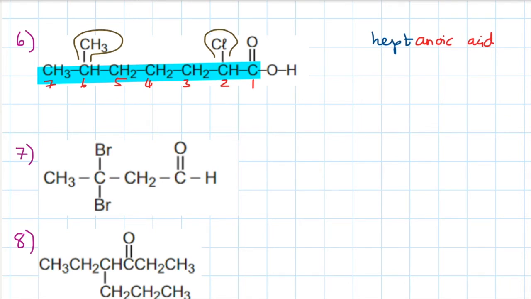We always name substituents in alphabetical order, so we're going to start off with chloro because C comes before M. And so the name is 2-chloro-6-methylheptanoic acid. Please always remember that your functional group is more important than the substituents.